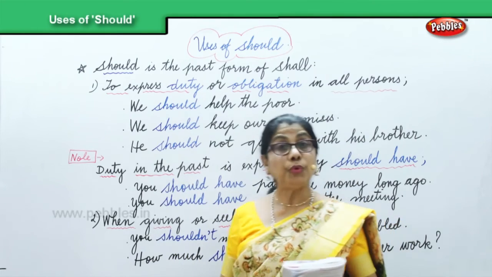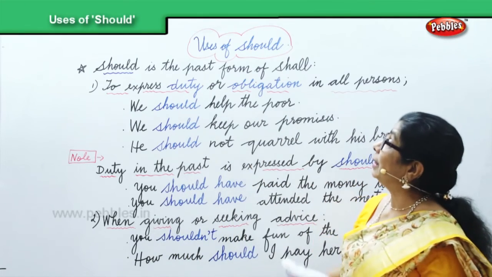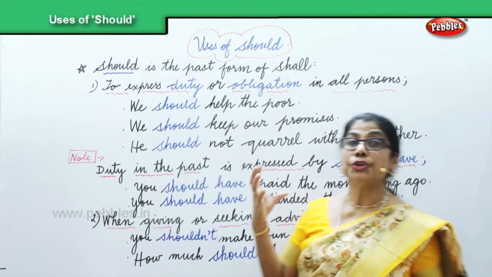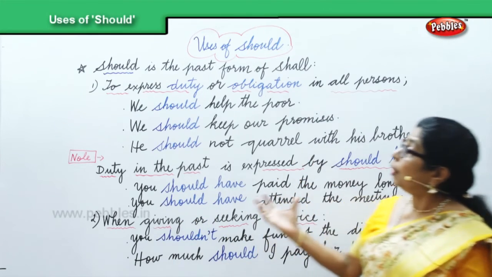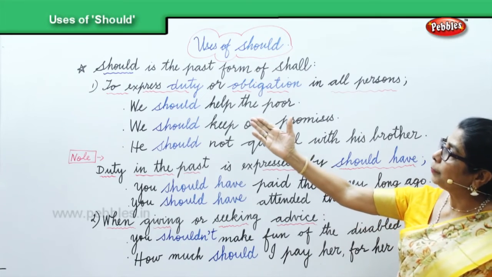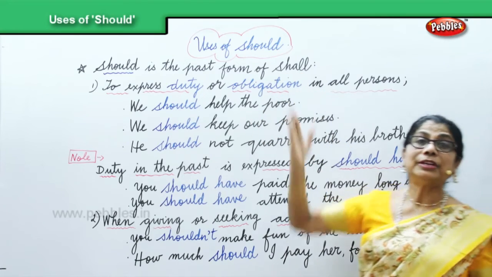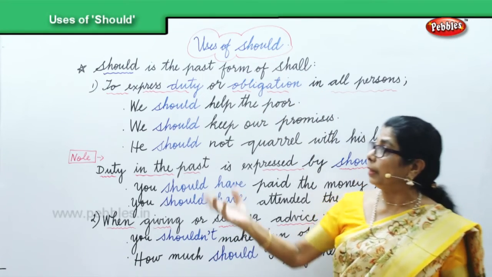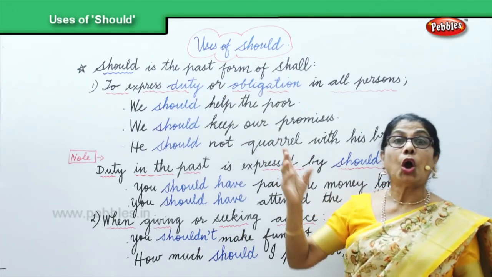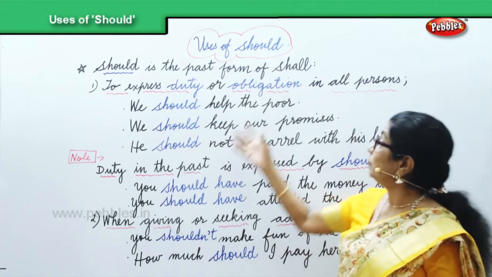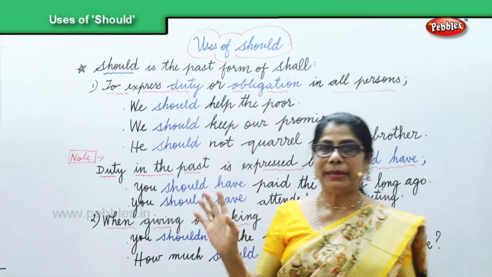We have a few more to go. Let's look at the uses of should. Actually, there are 4. 2 more we need to do. What is should? It is the past form of shall. Very simple. Now, should is used to express duty or obligation in all persons.